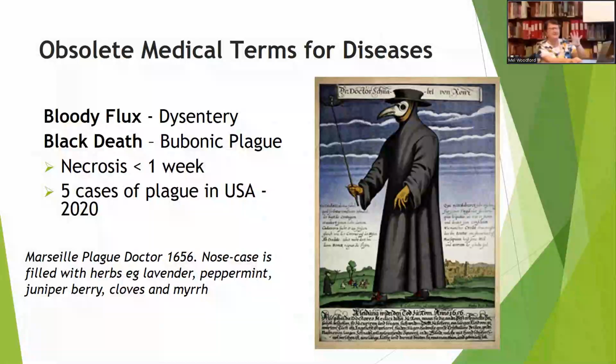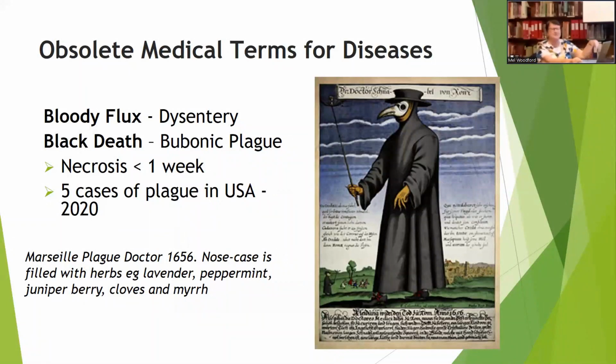You basically have all your organs just rotting within about the first week of being infected. And there were 5 cases of the plague in America in 2020, so it is still around. And this is a picture of the Marseille plague doctor, and maybe that's the first use of PPE. You can see the mask and that nose bag.